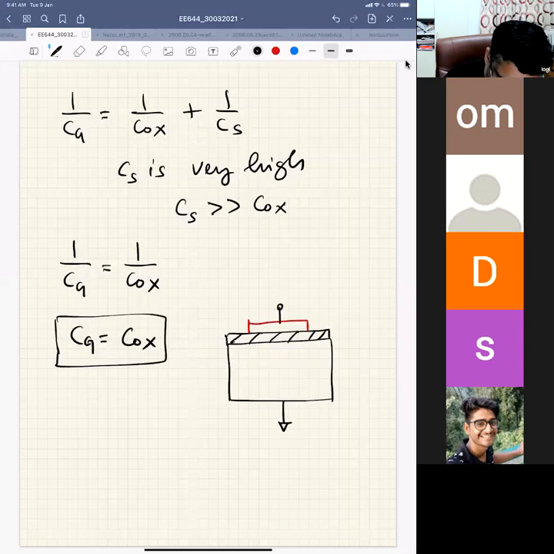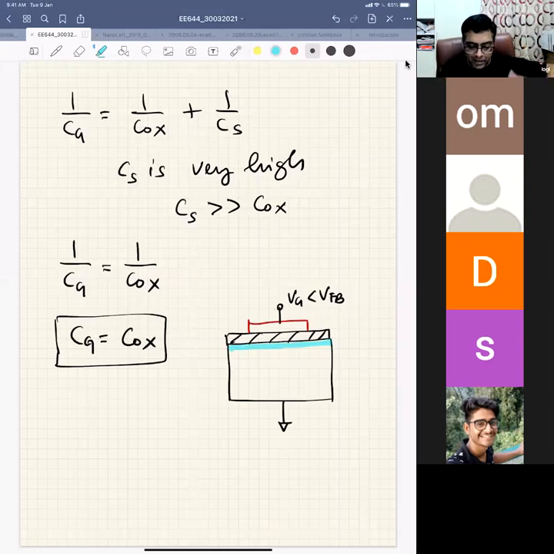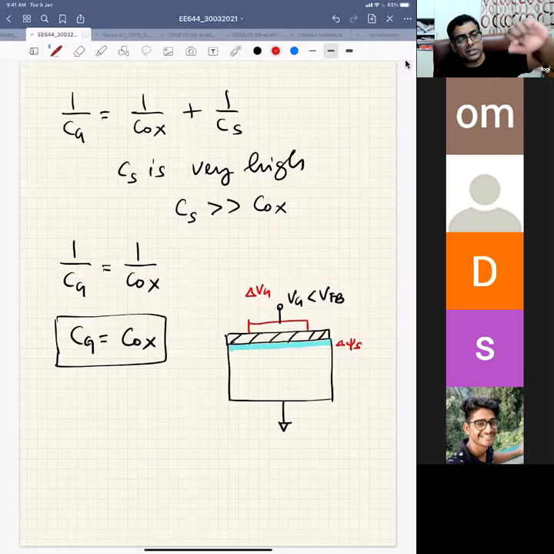I have already given, let's say, Vg less than Vfb, so I have a sheet of holes at the surface. Now if I perturb it, if I give delta Vg here, I am getting delta psi s here. You know that the accumulation charge depends exponentially.